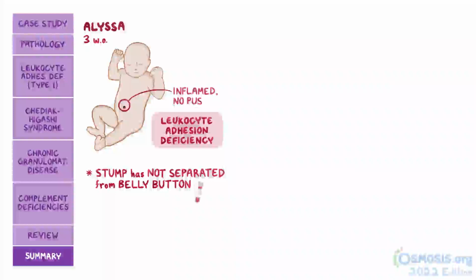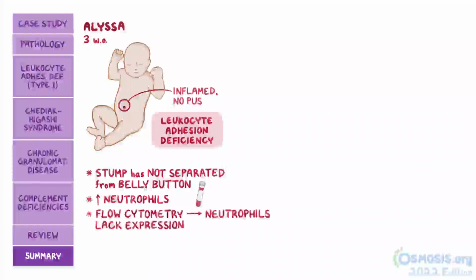However, her blood tests show high levels of neutrophils, which means they are somehow defective. The final clue is given by flow cytometry, which reveals that these neutrophils lack expression of CD18 on their membranes, which confirms the diagnosis of leukocyte adhesion deficiency type 1.